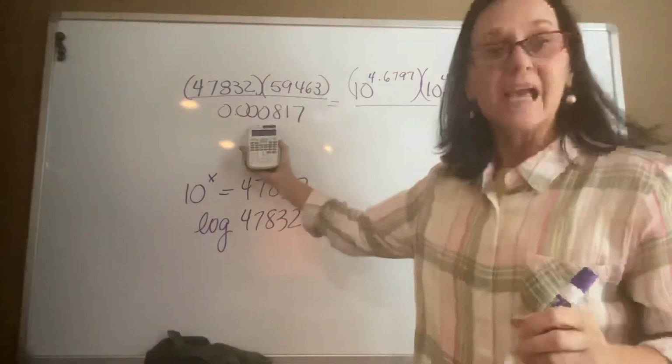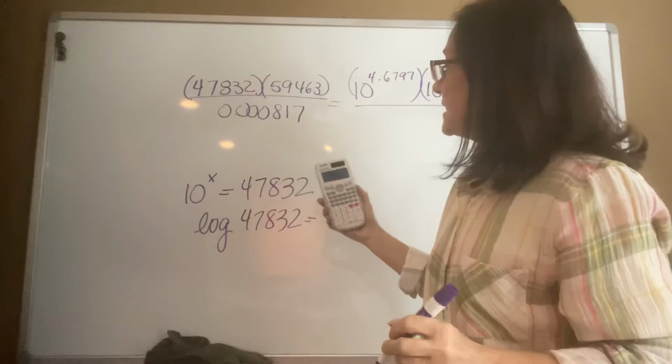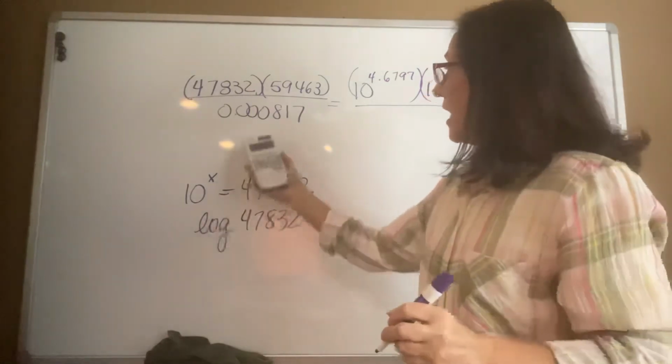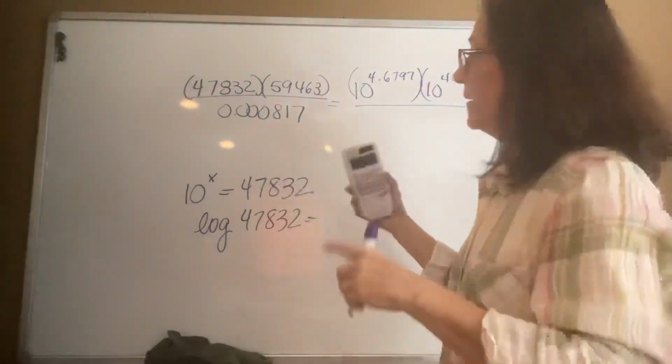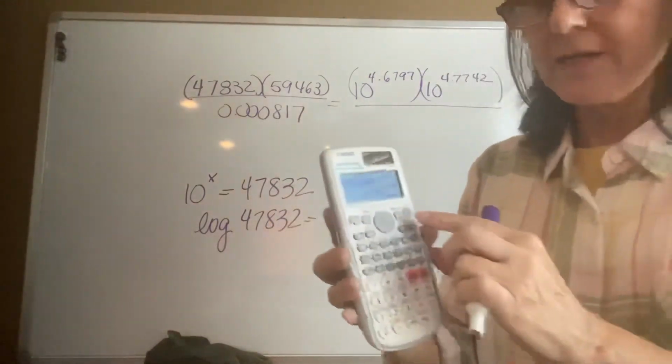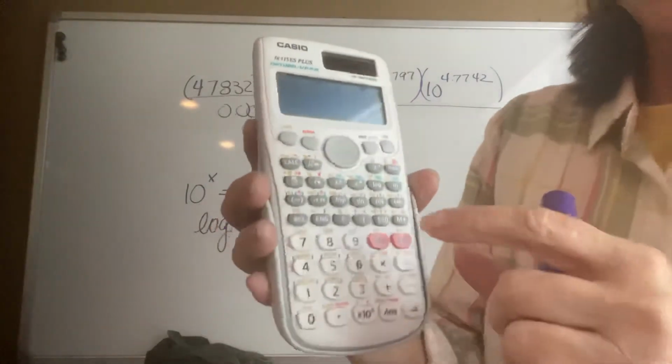I'm going to do the same with this denominator. It'll be 10, it'll be the log of that value, 0.000817. And I'm expecting 10 to be raised to a negative value since it is so small a decimal.